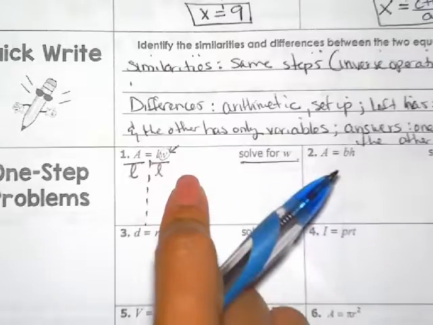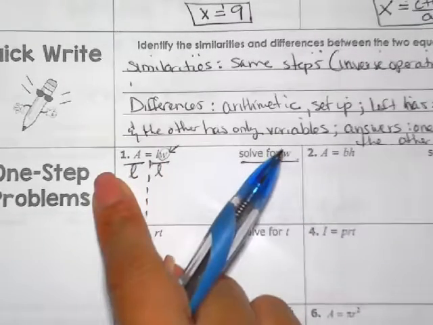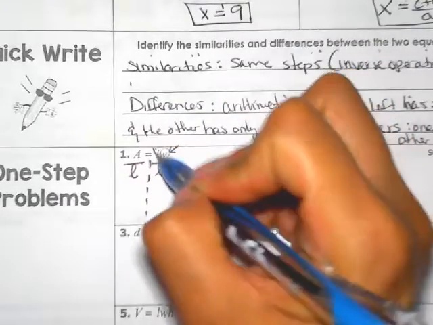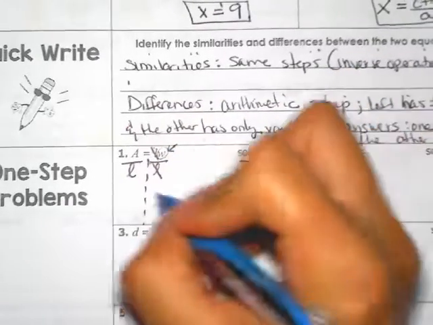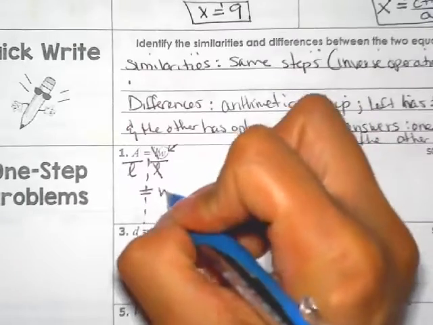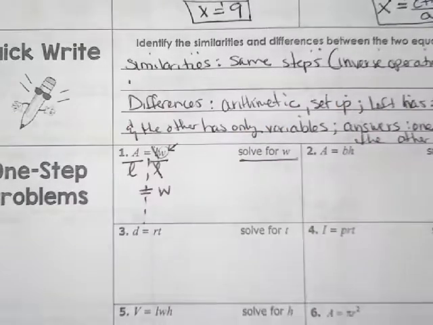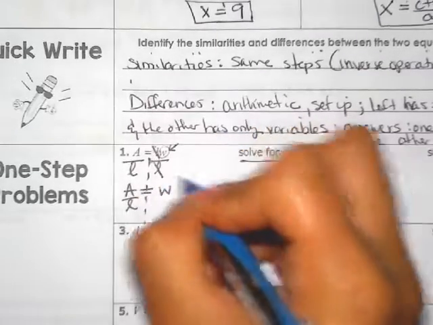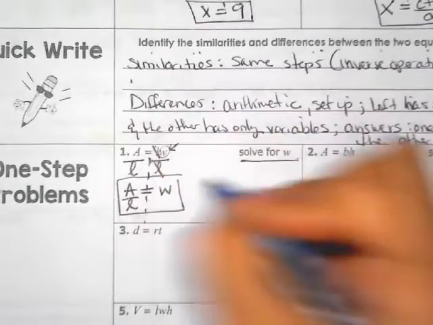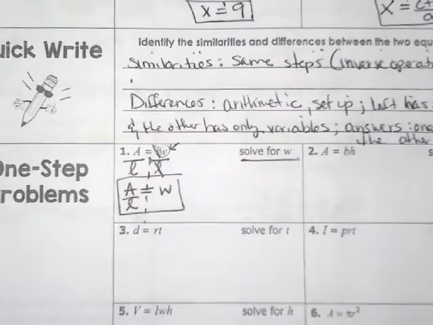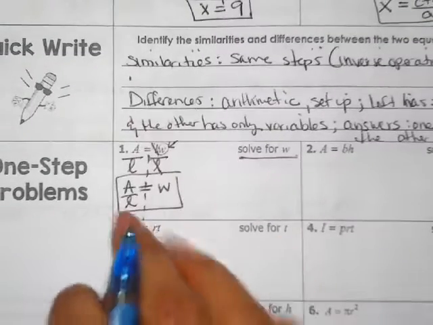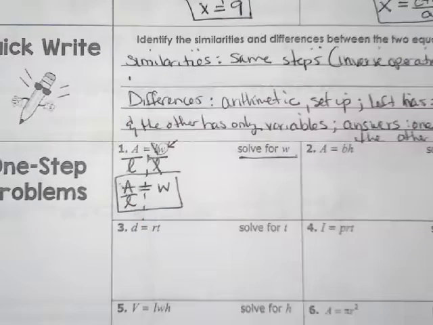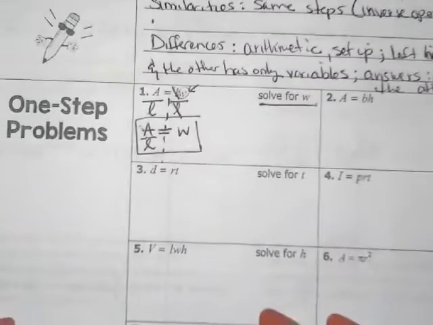If I divide on one side of the equal sign, I have to divide on the other side of the equal sign. Well, L divided by L will cancel each other out to divide to a 1, which will give me 1 times W is W. And then A divided by L cannot be mathematically calculated, just set up. So in a way, this is easier because you actually don't have to do the math, you just have to set it up. Just make sure you're doing the right steps.